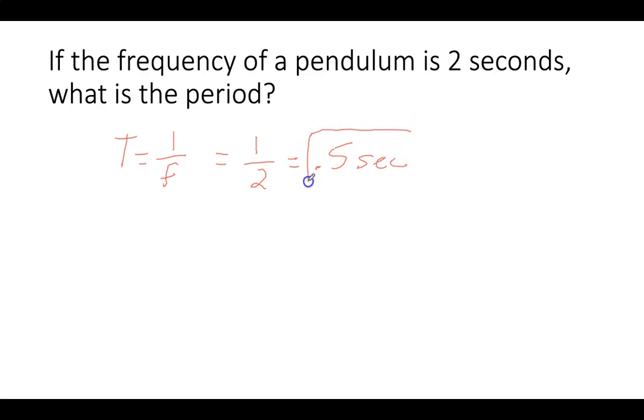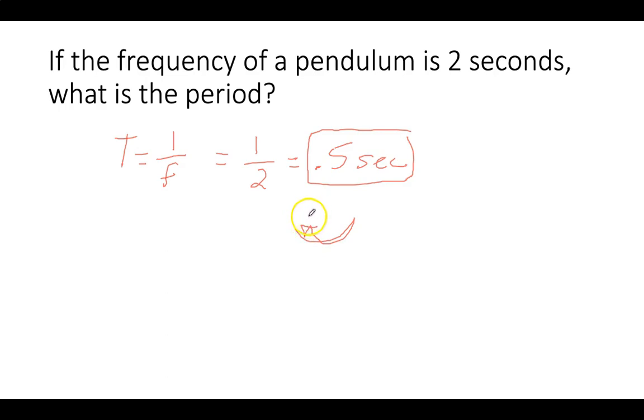That would mean it completes 1 cycle in 0.5 seconds. It goes back and forth, and it did that in half a second. That's what a period is: how much time it takes to complete 1 cycle.